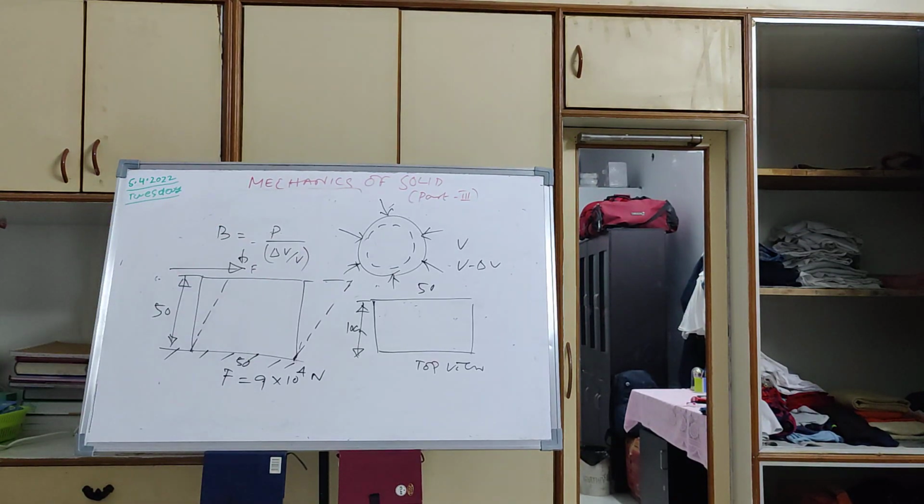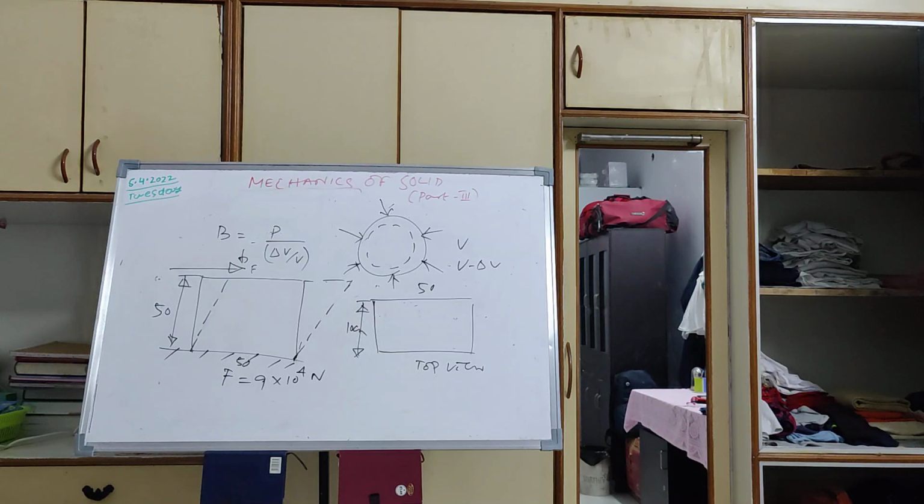If you see from the top, it is a square slab. It is subjected to a shearing force of 9 into 10 to the power 4 Newton on its narrow face.